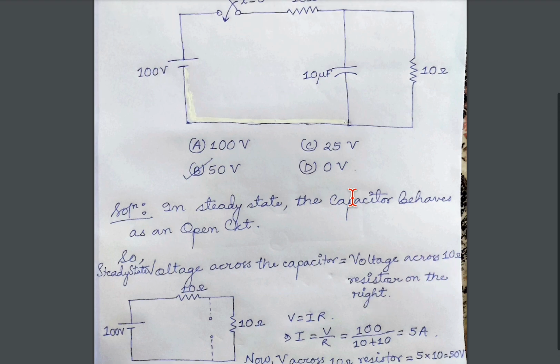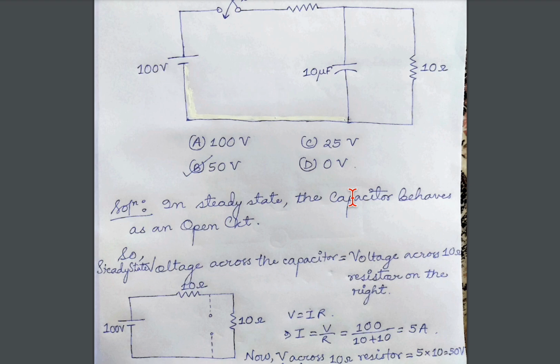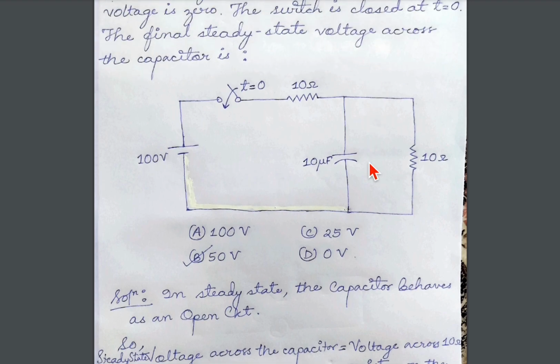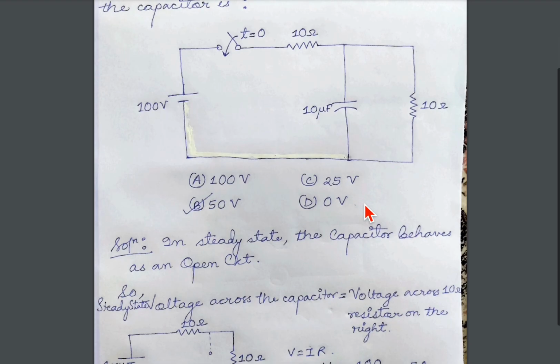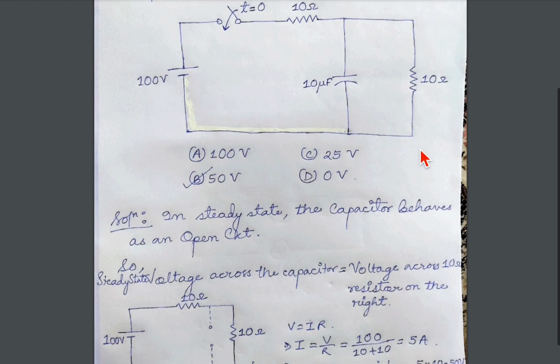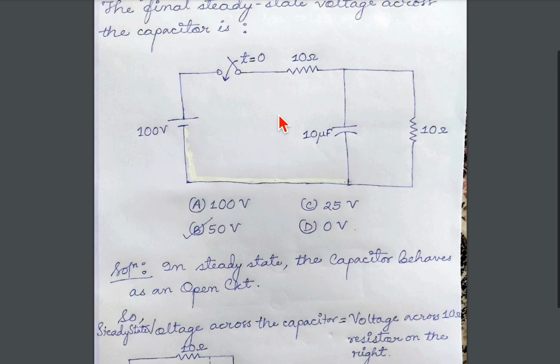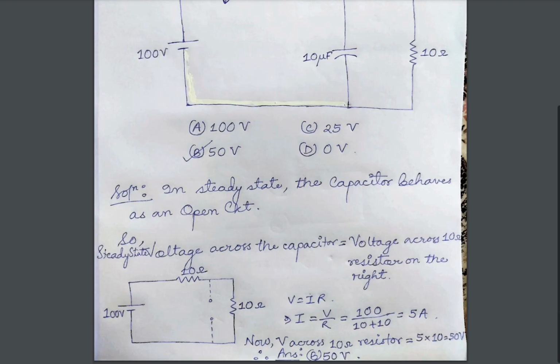Okay, so now what we need to do, we need to find the voltage across the 10 ohm resistor on the right, in order to get the final steady state voltage across the capacitor. Finding this will be very easy, because this entire circuit has come down to this circuit.